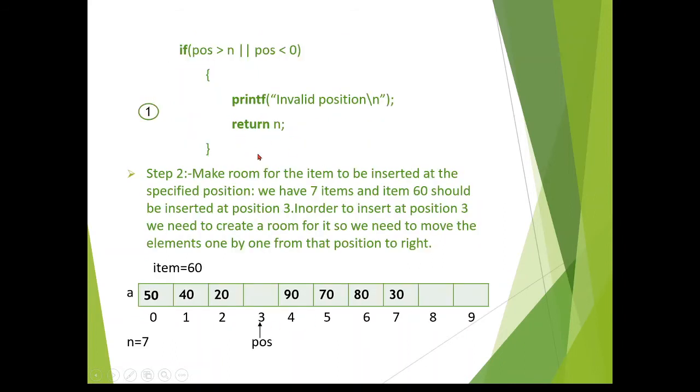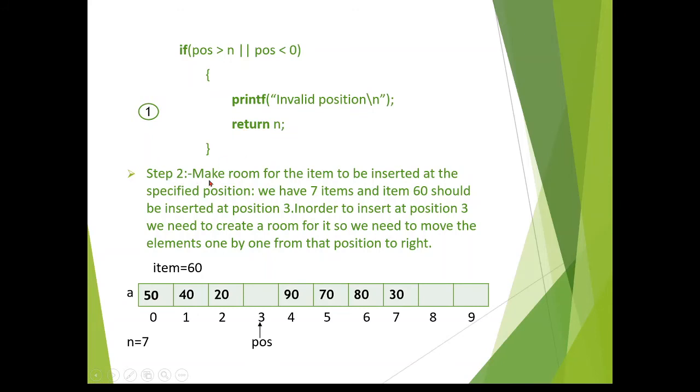For that, we have written a condition in the function: if position is greater than n or position is less than 0. We have 7 elements, so if the position is greater than 7, then we cannot insert an element. Then this condition will return the invalid position and return the n value.